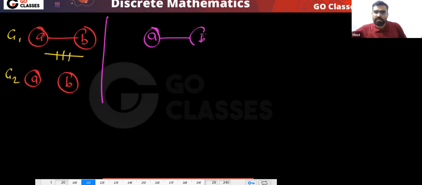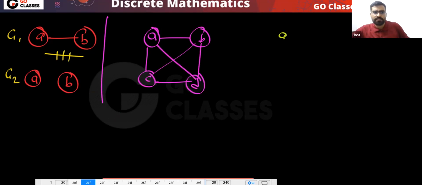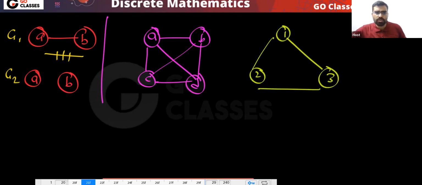What about these graphs with vertices A, B, C, D? What about this graph and this graph? Are these two graphs isomorphic? This is your K4. This is not K4.